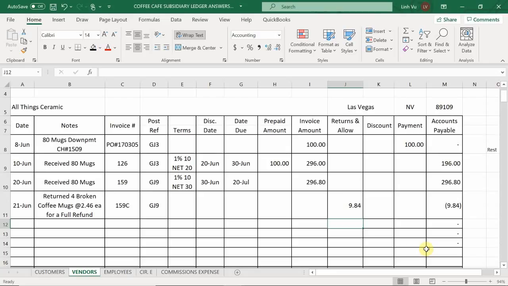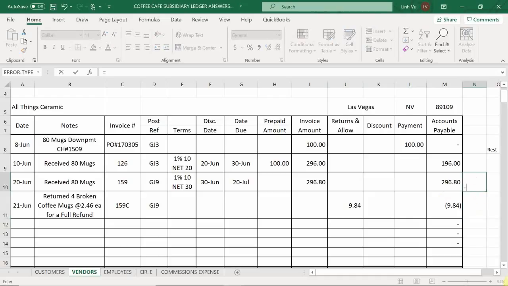if I eventually want to make a payment to 159, I'm going to go ahead and put it on the side here. I didn't add an extra column because maybe this is not applicable for this type of general sales where I need an adjusted invoice amount. I can just put it on the right side and say that I don't owe $296.80 anymore.